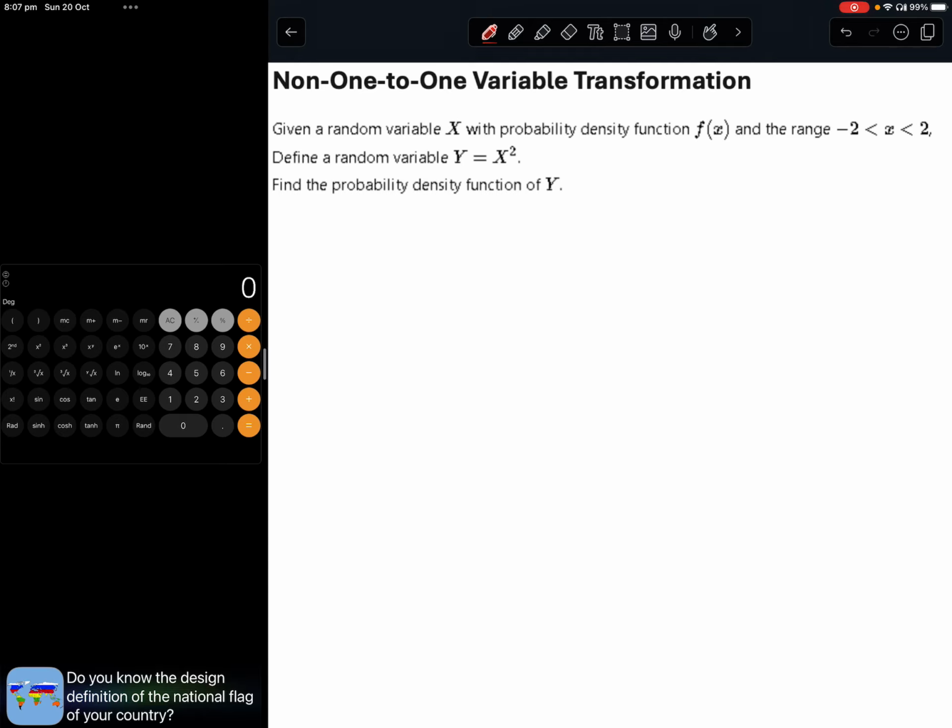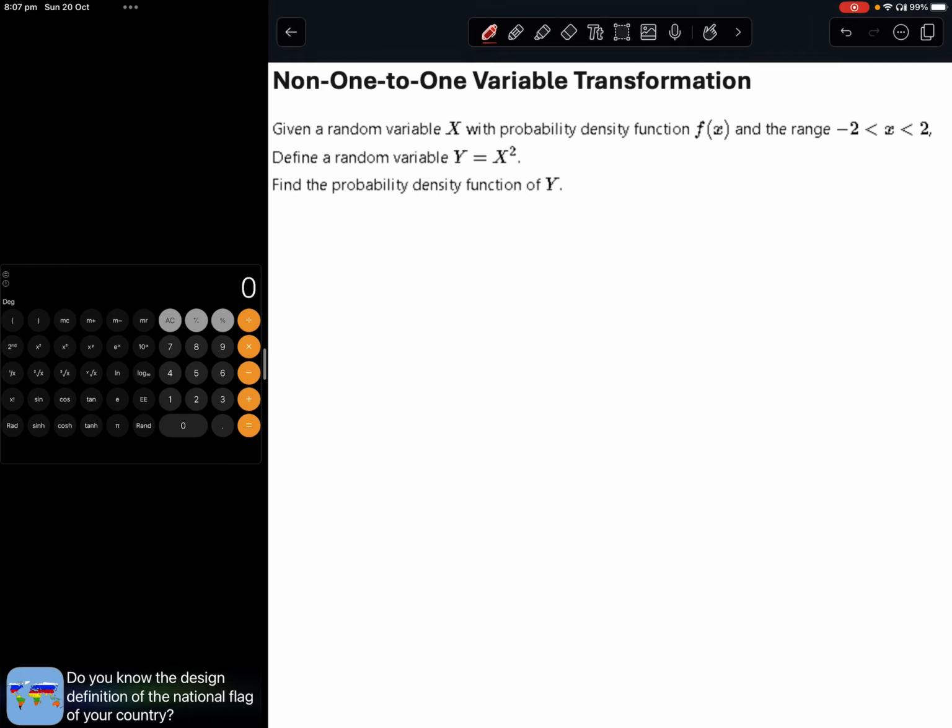So why do we consider this a non-one-to-one transformation? Let's think about what happens when we square a number.